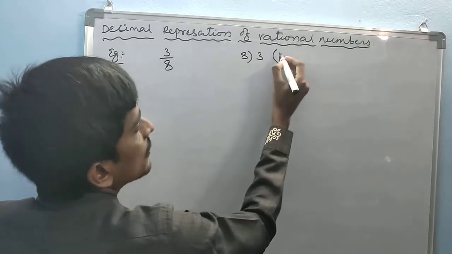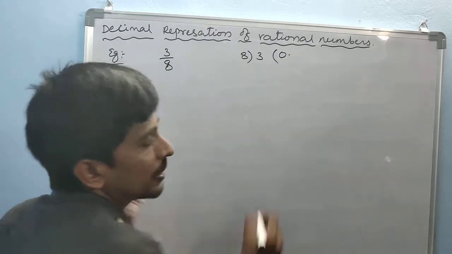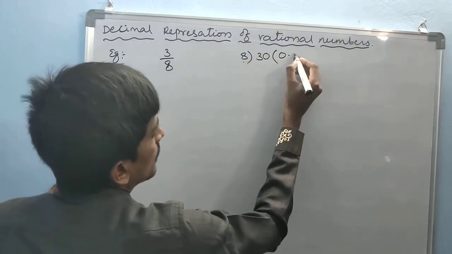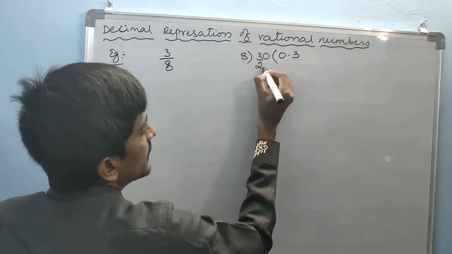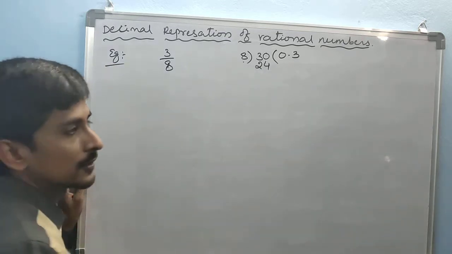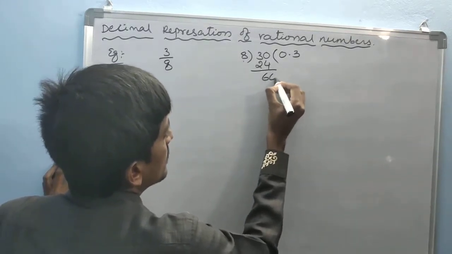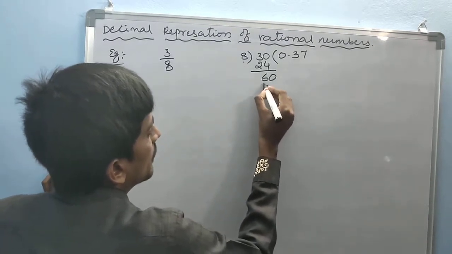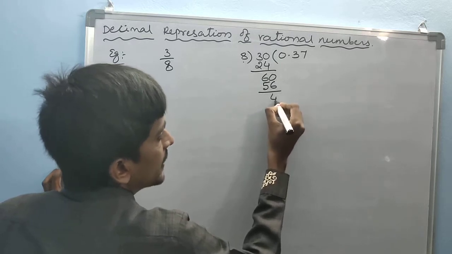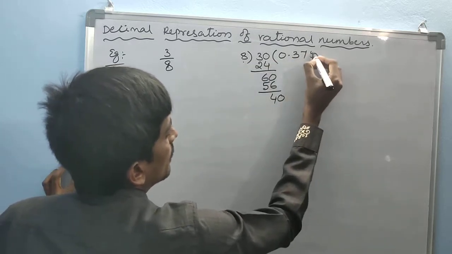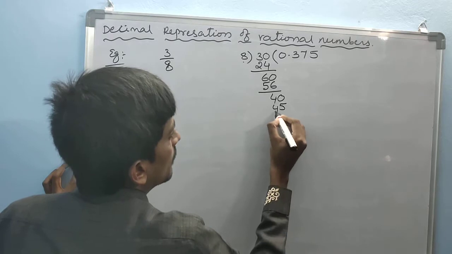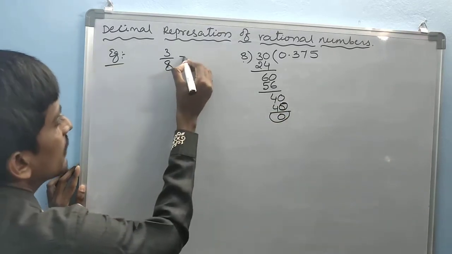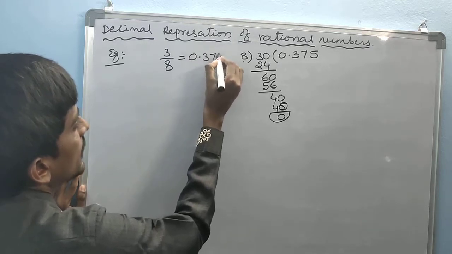It is more than 3. So, you will take 0 point. How many times? 3 times. 8 3s are 24. Remainder is 6. 0. 60. 8, 7 times, 56. Remainder is 4, 0. 8, 5 times 40. So, remainder is 0. So, 3 by 8 equals 0.375.